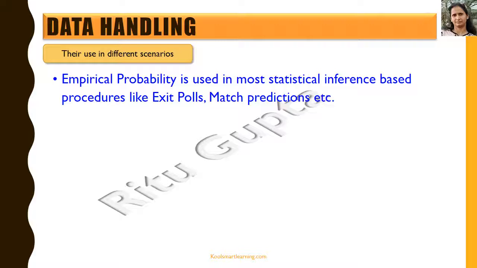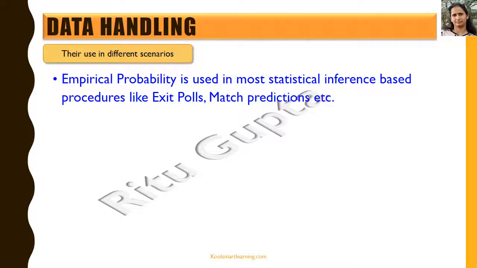equally likely to win, because each one of them may have their own strengths and their own weaknesses, based on which there are a lot of conditions that will decide which team will win. And similar is the case with exit polls. We can't use theoretical probability here. Suppose there are 1,000 people who are going to vote.